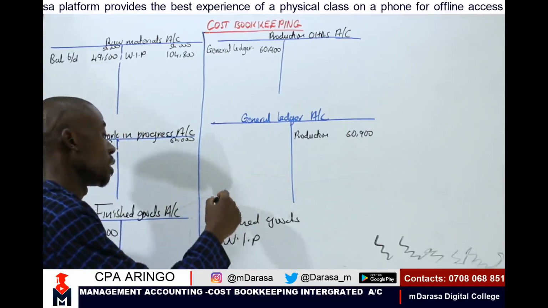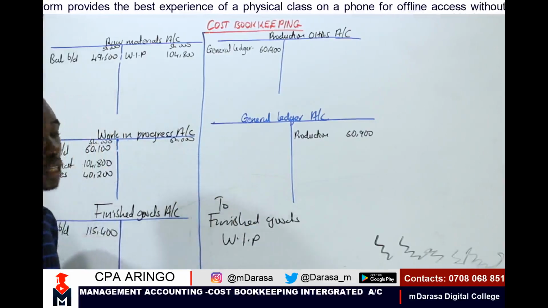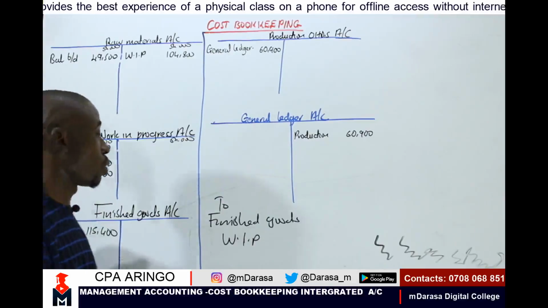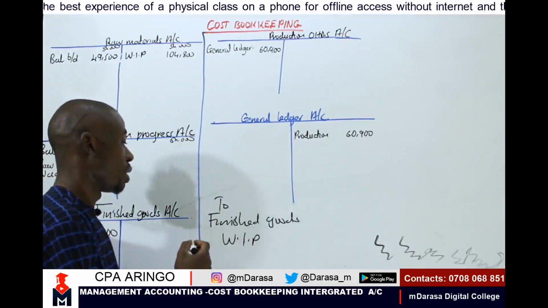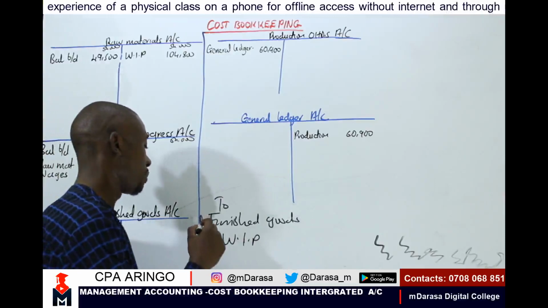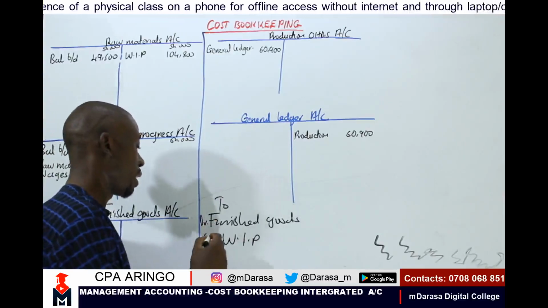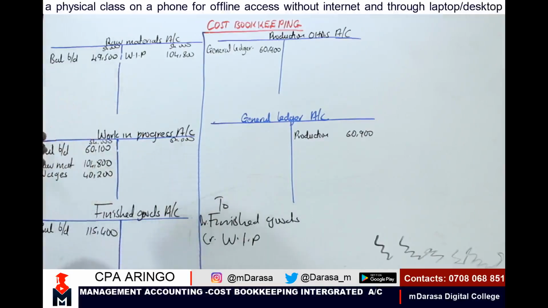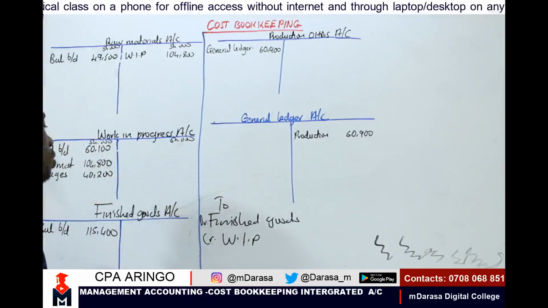This is to record goods produced. So in this case, we are going to debit our finished goods account and credit work in progress account.